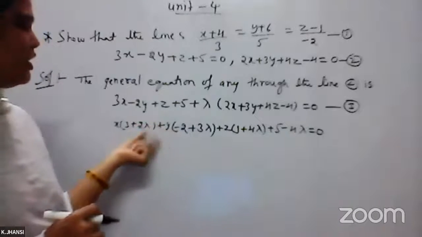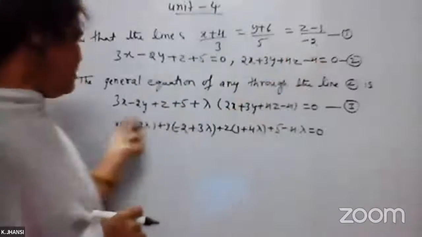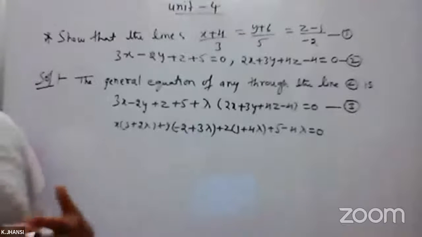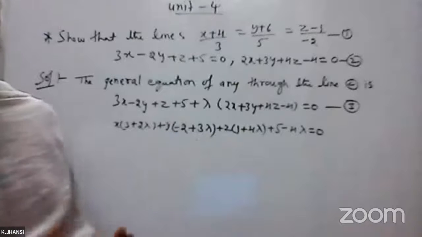So now you take the direction ratios in place of x, y, z. That means you have the formula, no, when they are perpendicular to each other, a into a1 plus b into b1 plus c into c1 equals to 0.